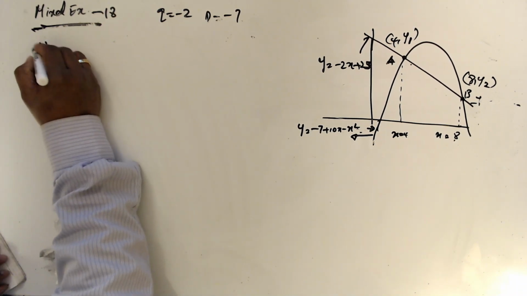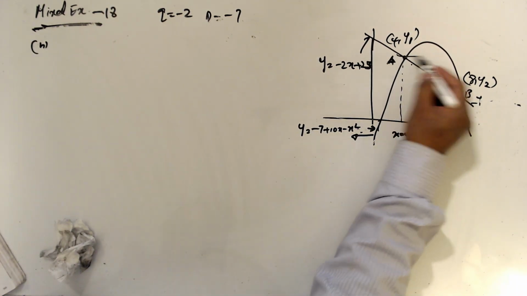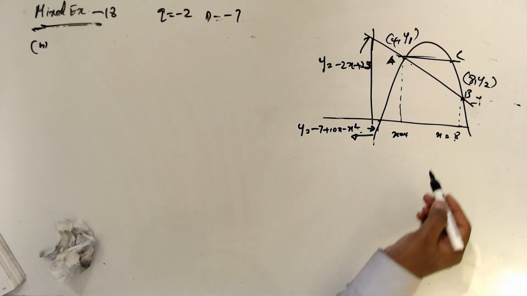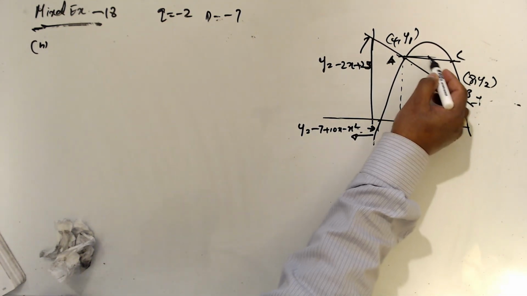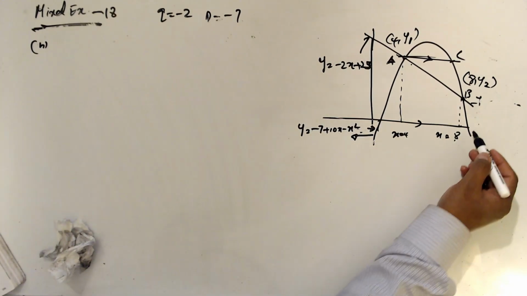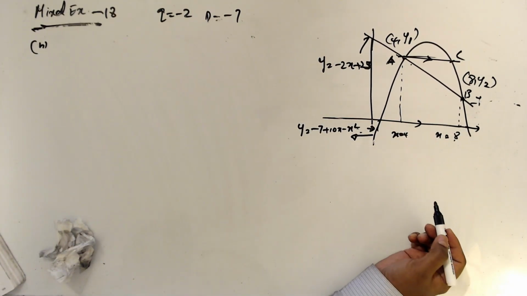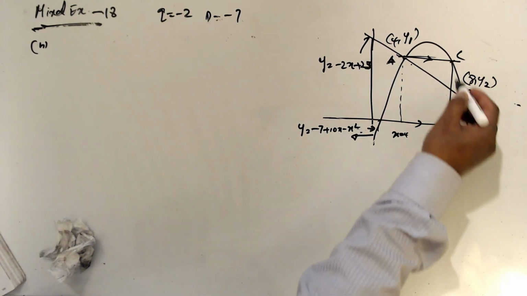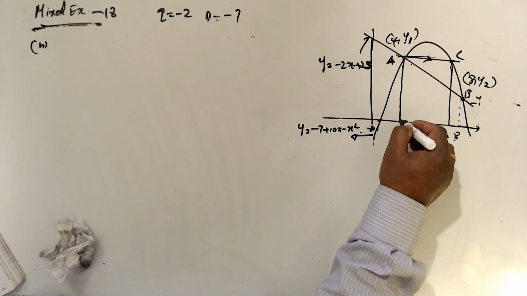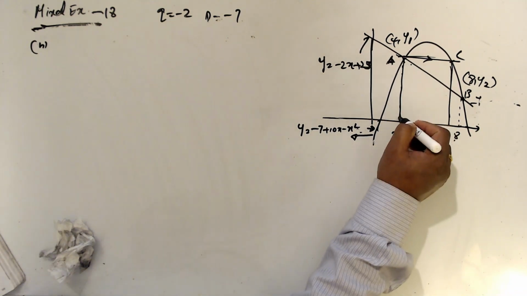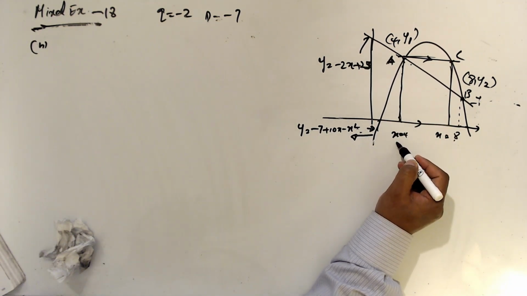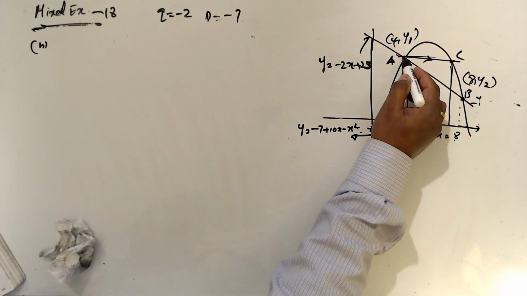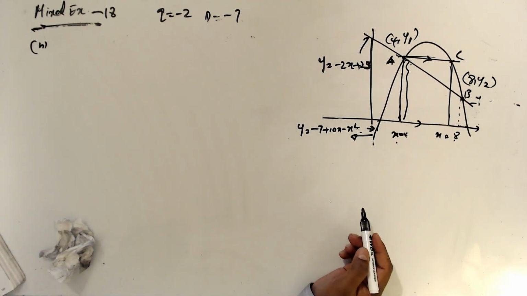Part B. Now we have to calculate the C point. This C point is parallel to AC, parallel to the x-axis. Then if this height is equal to this height, if I know this height, I know this value x equal 4, and I'll substitute to find y.